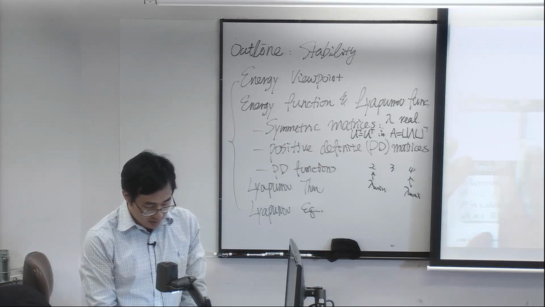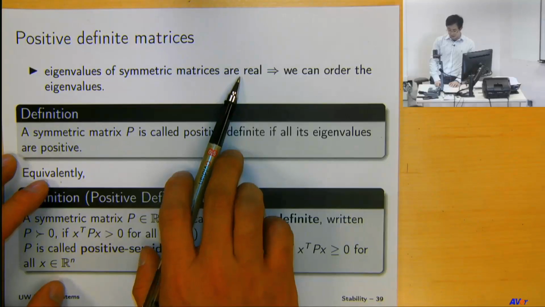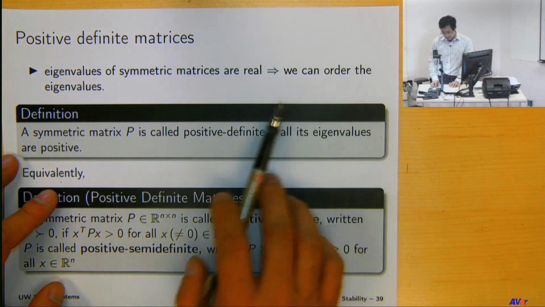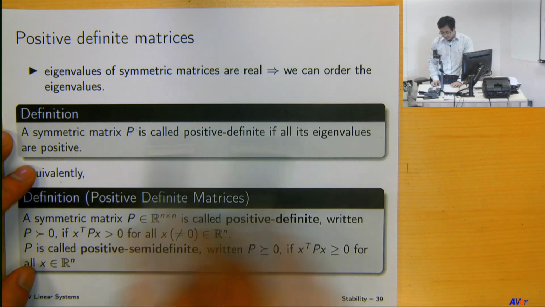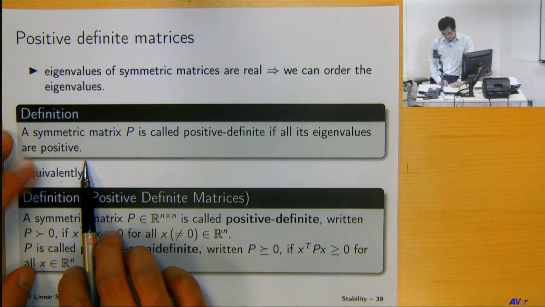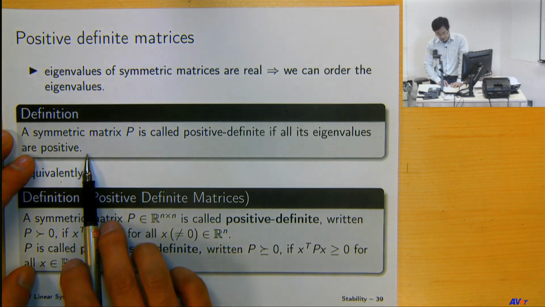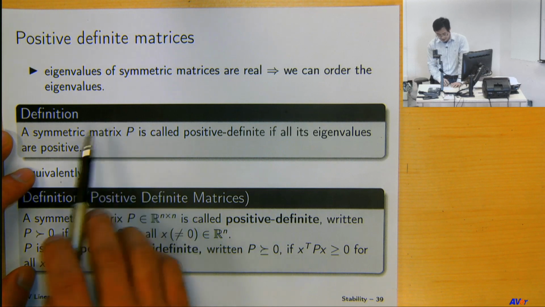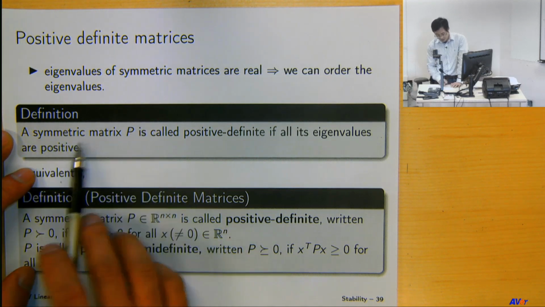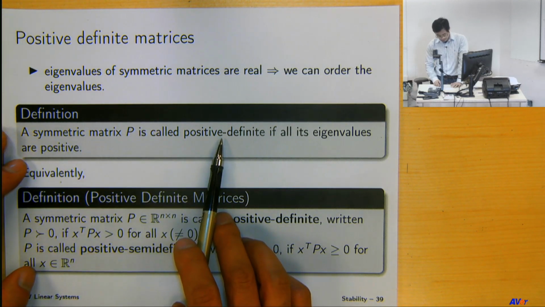We talked about this. Because the eigenvalues are real, we can order them. We can pick the smallest, we can pick the maximum. And if all these eigenvalues are positive, or in other words, the smallest of these eigenvalues is positive, then all the eigenvalues are positive, and the matrix P is called positive definite.